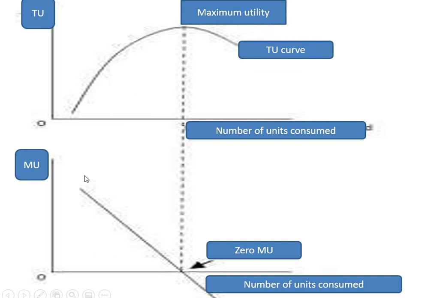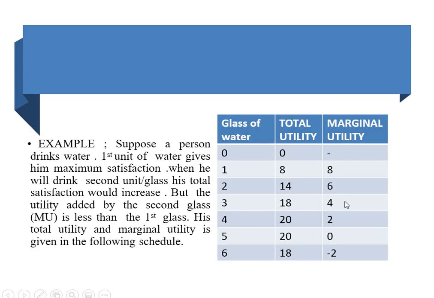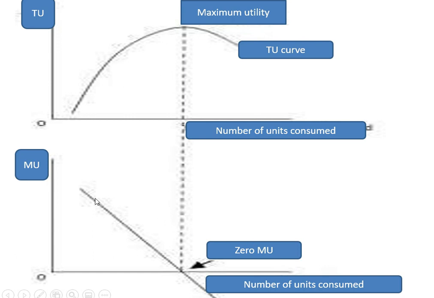And in this graph we have marginal utility on the y-axis and number of units consumed on the x-axis. As you can see in the table, marginal utility is decreasing from 8, 6, 4 to 0, minus 2. So it means that this curve will have a negative slope. As you can see, we have made a negative slope marginal utility curve.